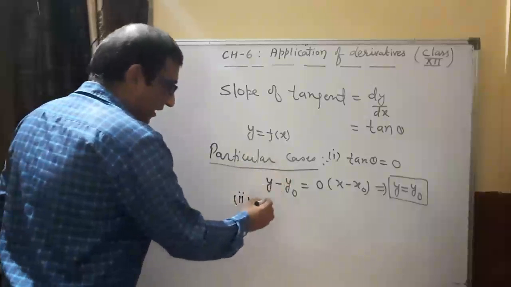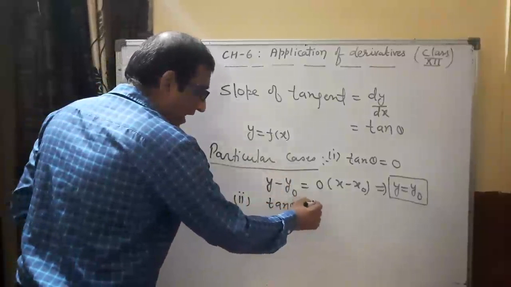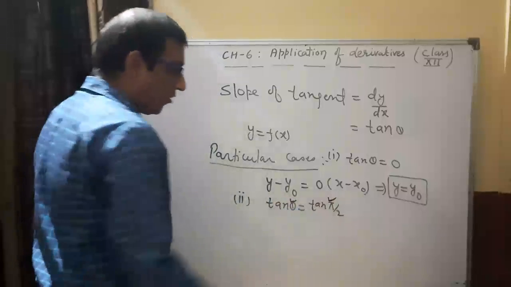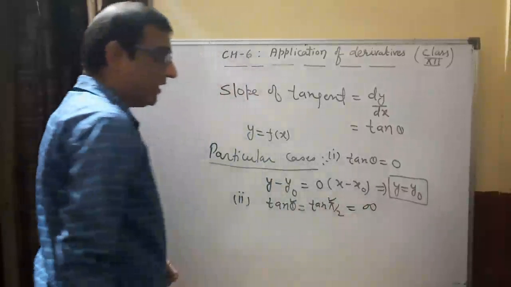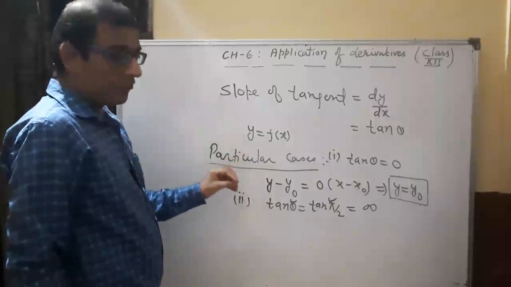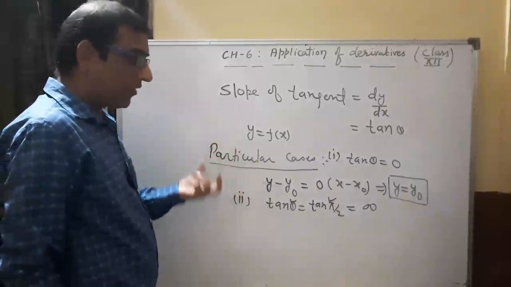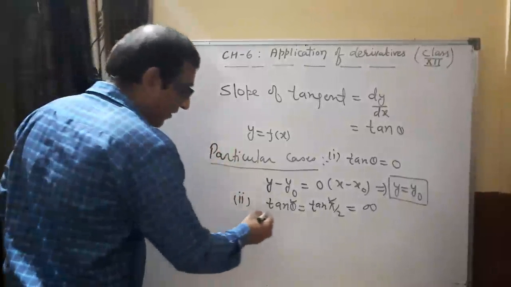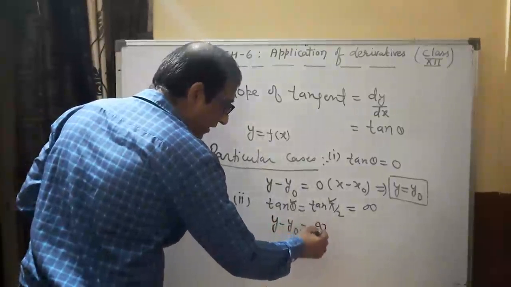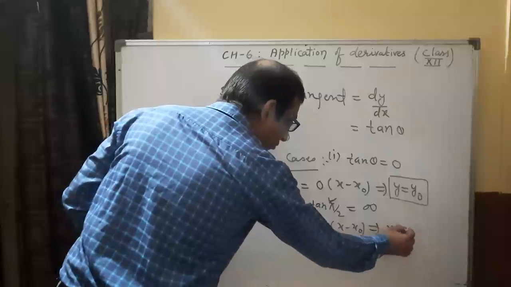If tan theta equals tan pi by 2, that is, if we take theta as pi by 2, then the slope becomes infinity. In this case the tangent line is perpendicular to the x-axis, or we can say the tangent line is parallel to the y-axis. The equation of the tangent is given by y minus y0 equals infinity times (x minus x0), and when we solve it, we get x equals x0.